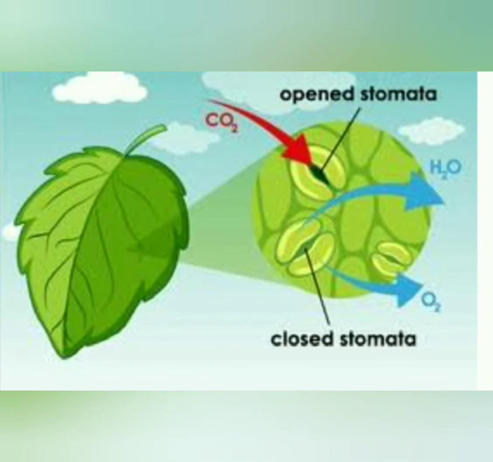Stomata of the plant will close when it is very hot, and this reduces the amount of water loss and the evaporation of water from the plant.